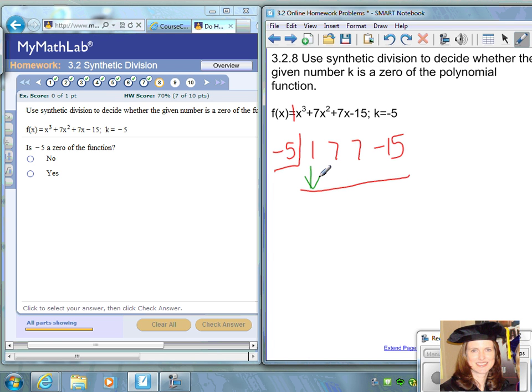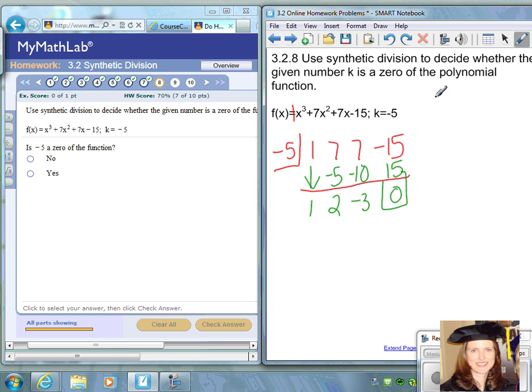Okay, always bring down that first term, 1. 1 times -5 is -5. 7 plus -5 is 2. 2 times -5 is -10. 7 plus -10 is -3. -3 times -5 is a positive 15. -15 and a positive 15 is 0.